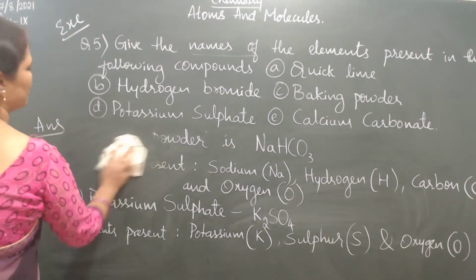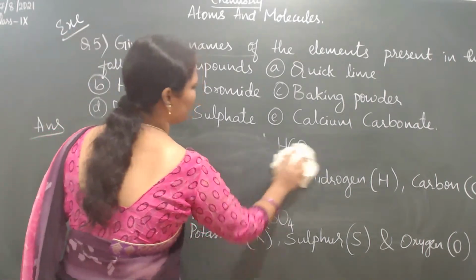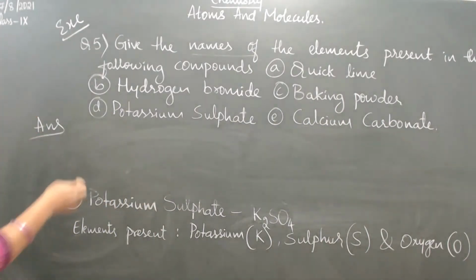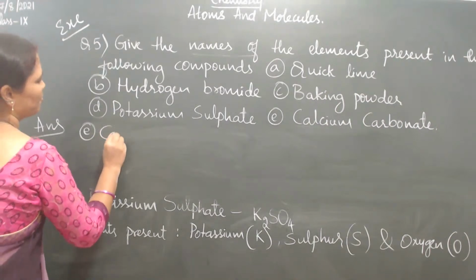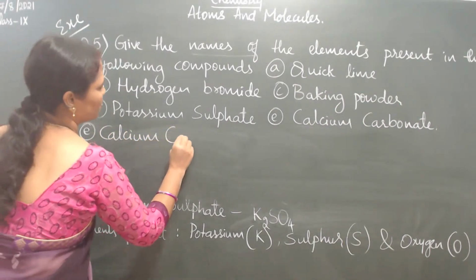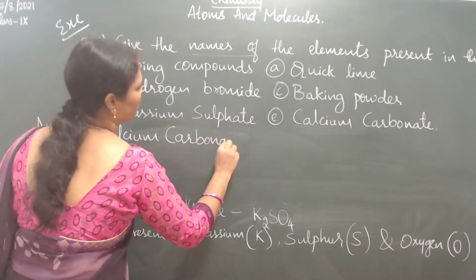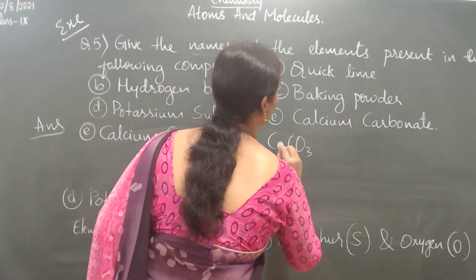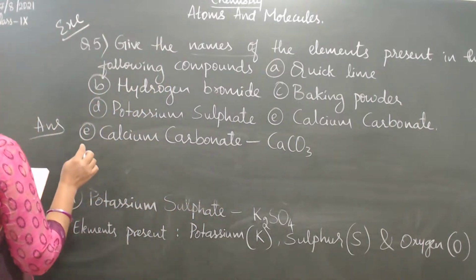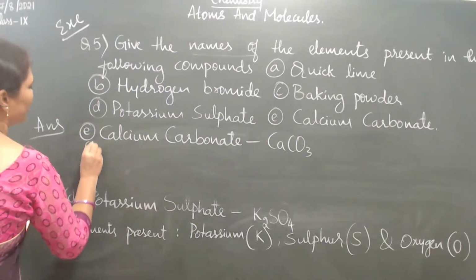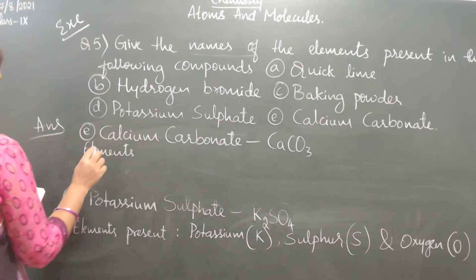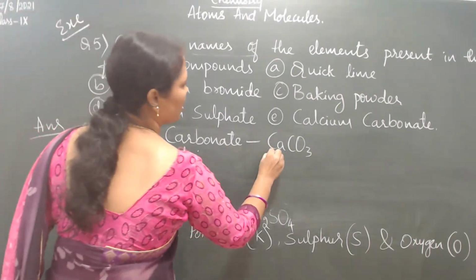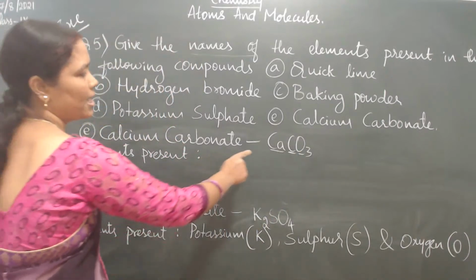Then the last one, calcium carbonate. Okay, here CaCO3 is the chemical formula for calcium carbonate, and three types of atoms of the elements are present here.